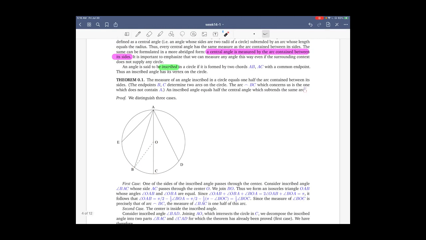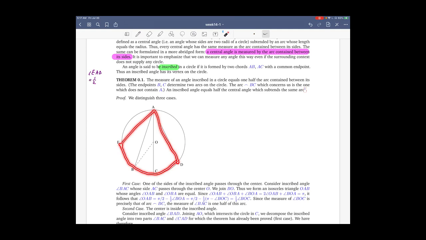So the theorem here is very simple. The measure of an angle inscribed in a circle equals 1/2 the arc contained between its sides. For example, here the angle EAD equals 1/2 the arc contained between its sides.